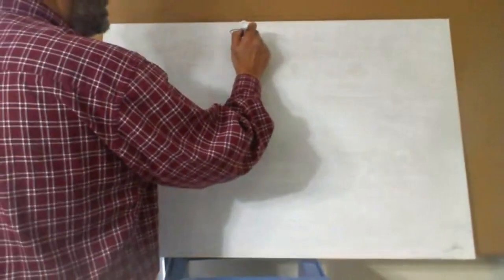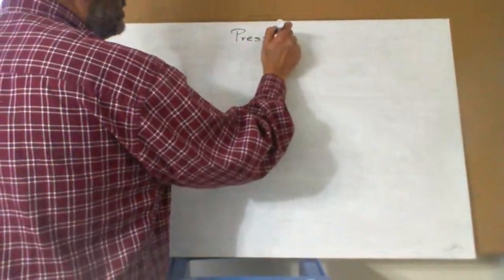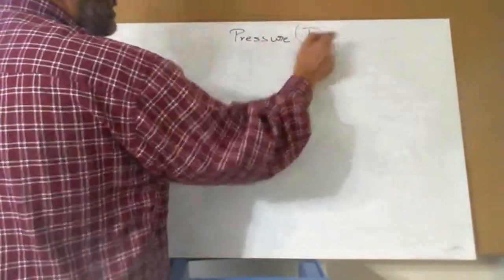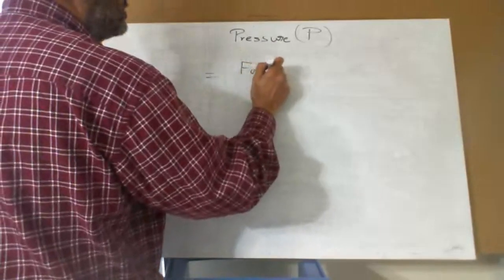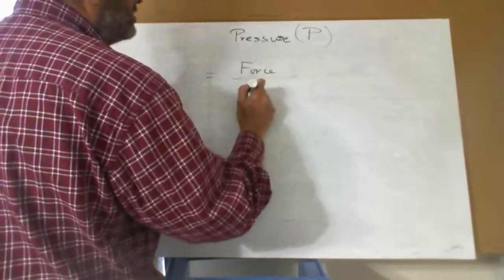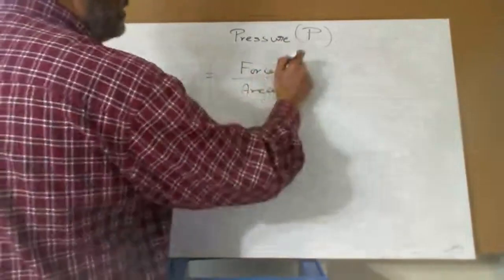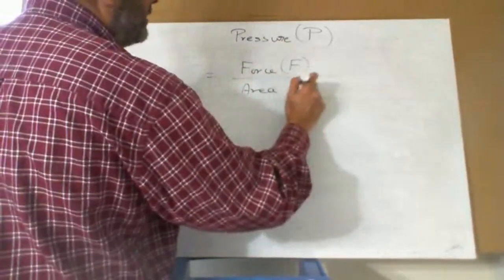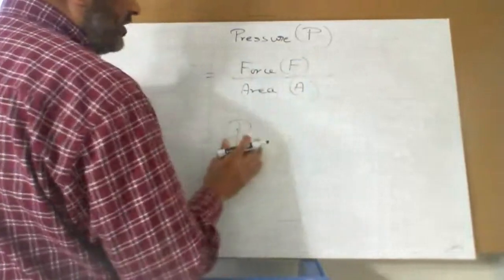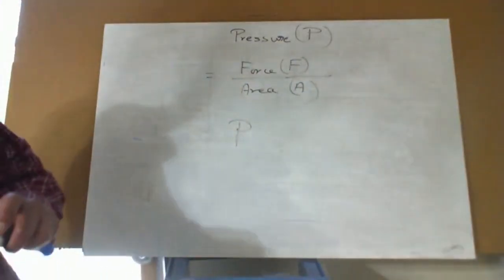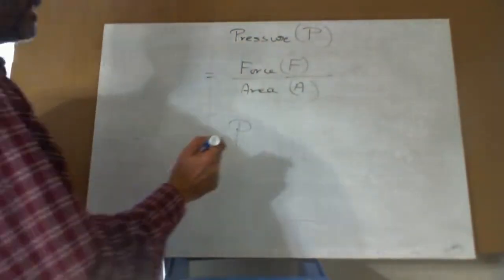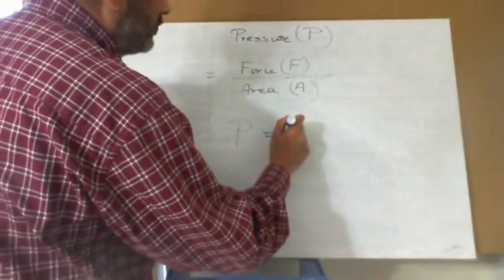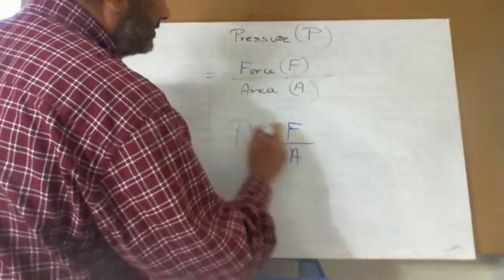The way we define pressure, P, is force divided by the area, F over A. We use an uppercase P for pressure. Remember, we used a lowercase p for momentum. Pressure is equal to force over the area.